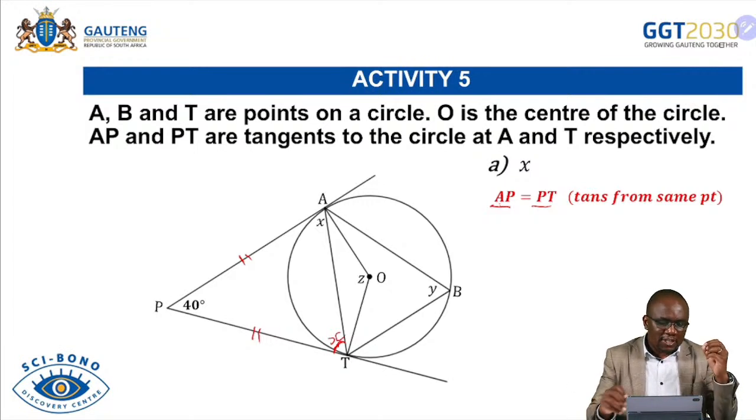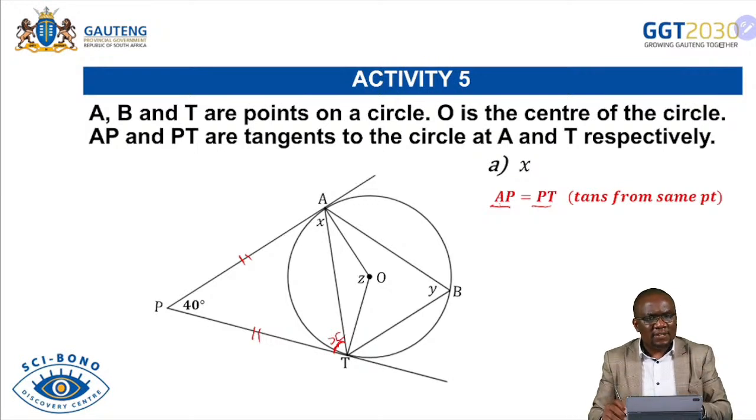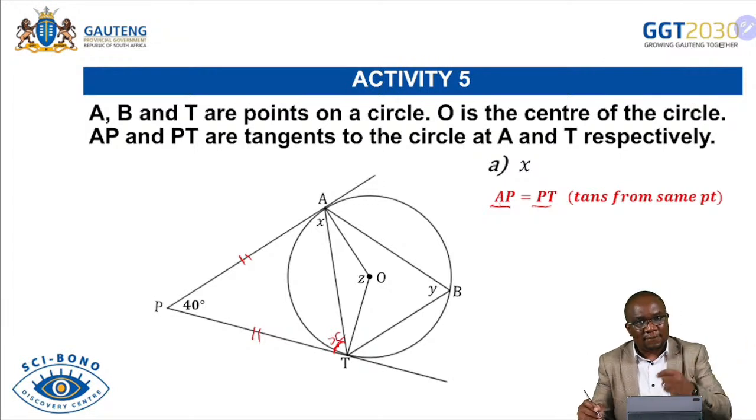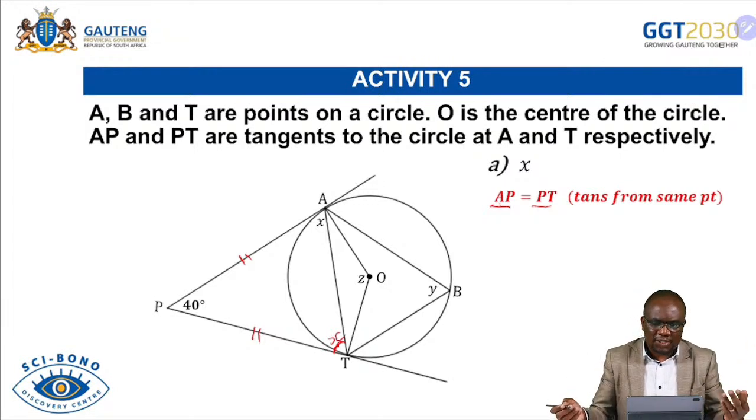So now, if you say 40 plus 2x, we must get 180 degrees, isn't it? So we can say 180 degrees minus 40, and then divided by 2, we get our x value.